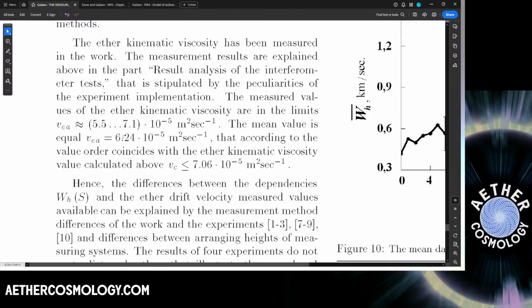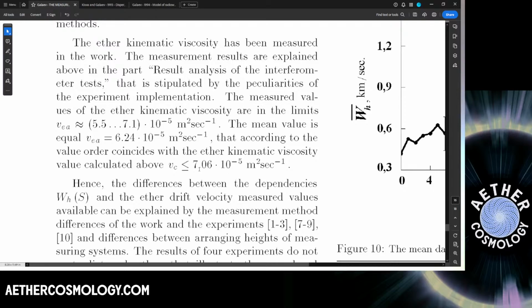The mean value is ν_EA equals 6.24 times 10 to the negative 5 meters squared per second, that according to the value coincides with the ether kinematic viscosity value calculated above.